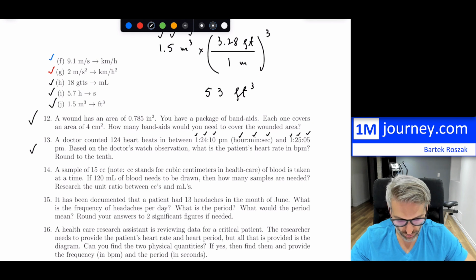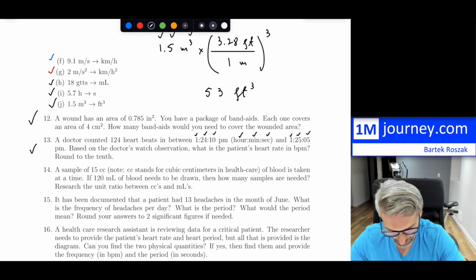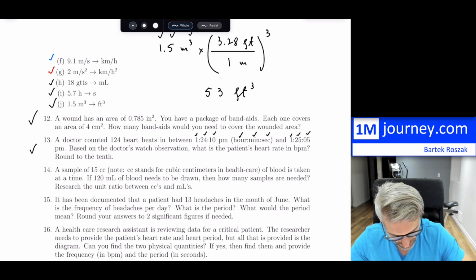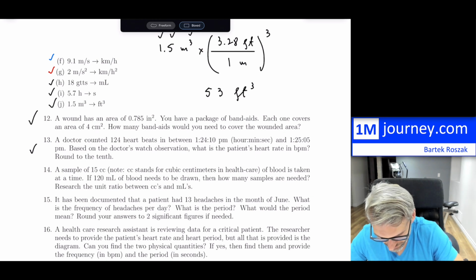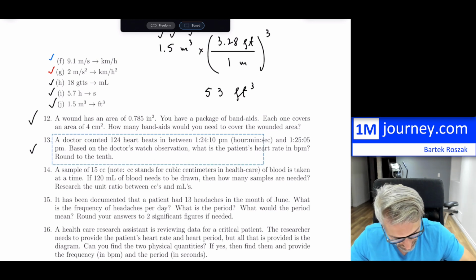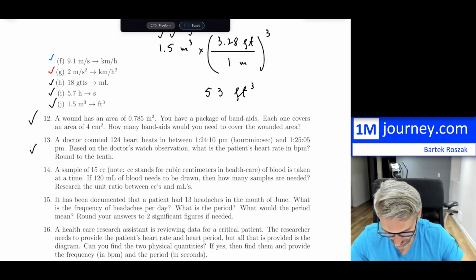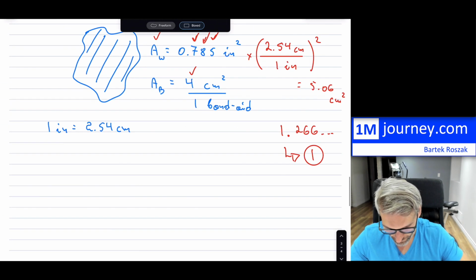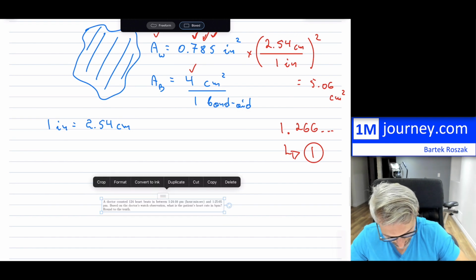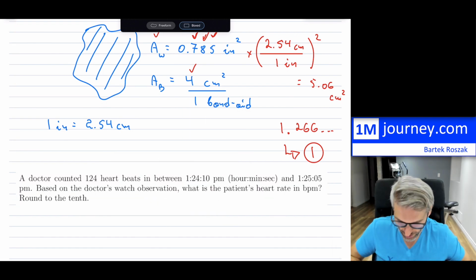Based on the doctor's watch observation, what is the patient's heart rate in beats per minute? This is an interesting question right there. So let's take a look at this. What do we have right there? Let me just take this out. Copy, bring it down right there. Let's paste it. All right.